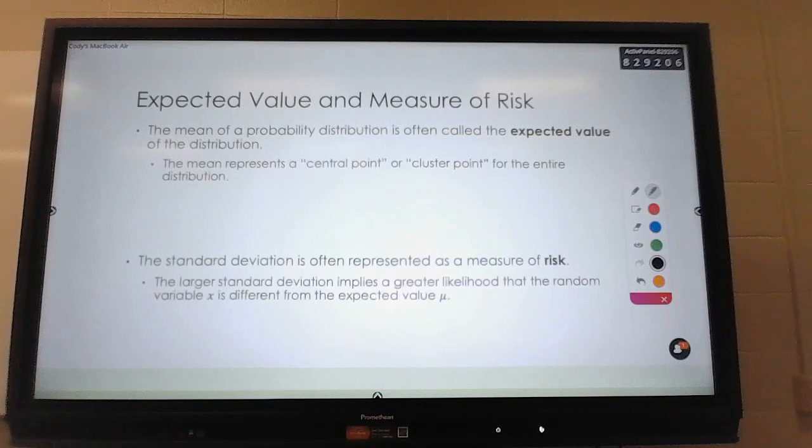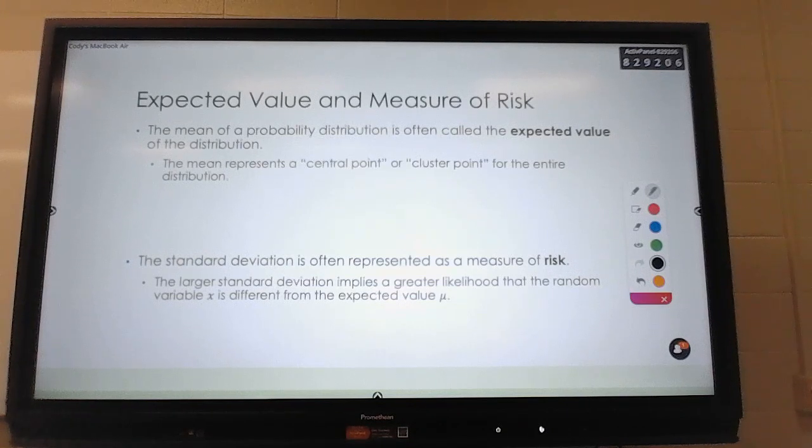But when it comes to standard deviation, it's also represented as a measure of risk. We talked about standard deviation as the spread of the data around its center. The larger the standard deviation, the more spread out the data is about the center. It's not as consistent. But the smaller the standard deviation, the more consistent, the less spread out the data is around the center.